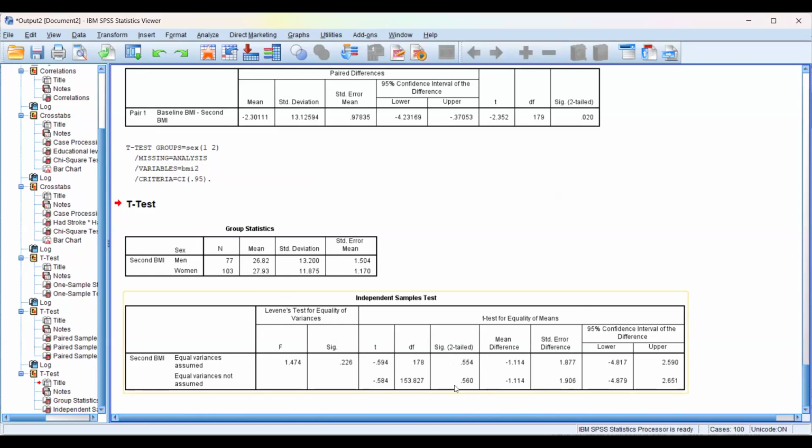As you can see, the p-values are far greater than 0.05, so it is not significant. That means there is no difference between the BMI among the males and the BMI among the females. It's as simple as that. That is just three types of t-test: the independent sample t-test, the dependent sample t-test, and the one sample t-test.